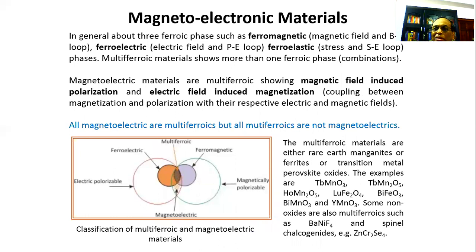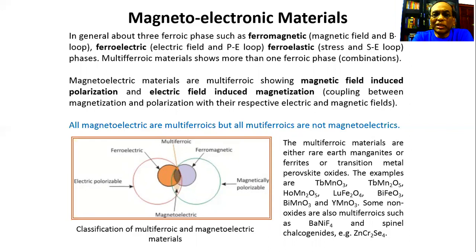Magneto-electronic materials in general have 3 ferroic phases: ferromagnetic, with magnetic field and BH loop; ferroelectric, with electric field and PE loop; and ferroelastic, with stress and strain loop. Multiferroic materials show more than one ferroic phase combination.